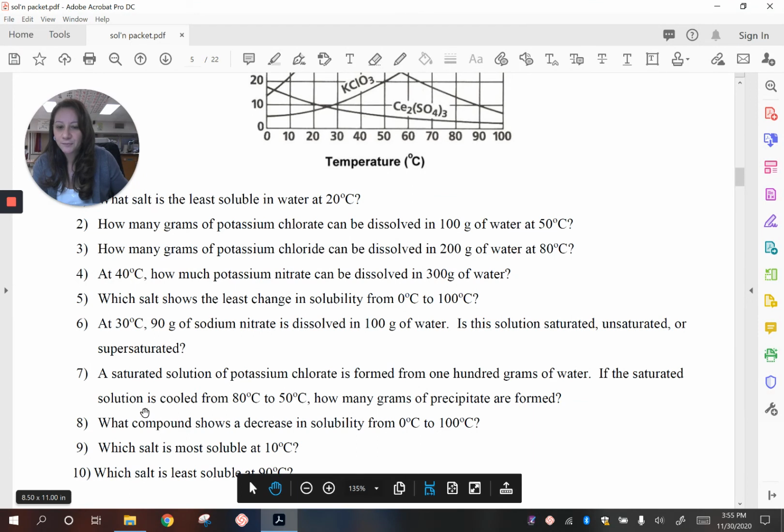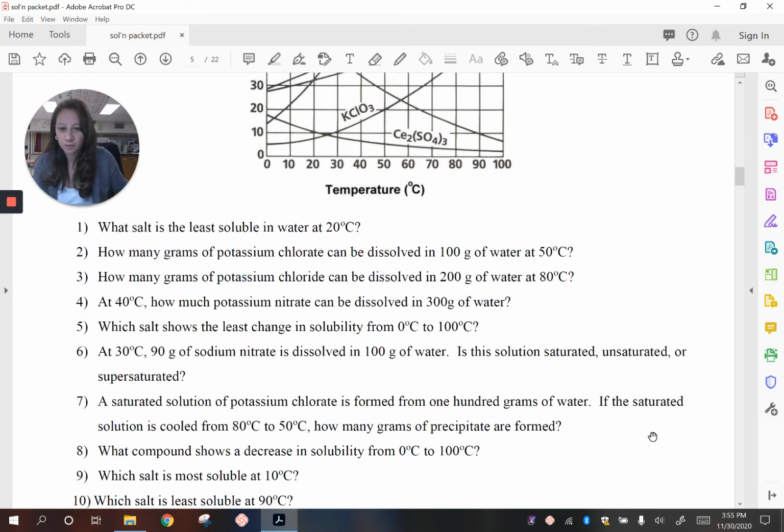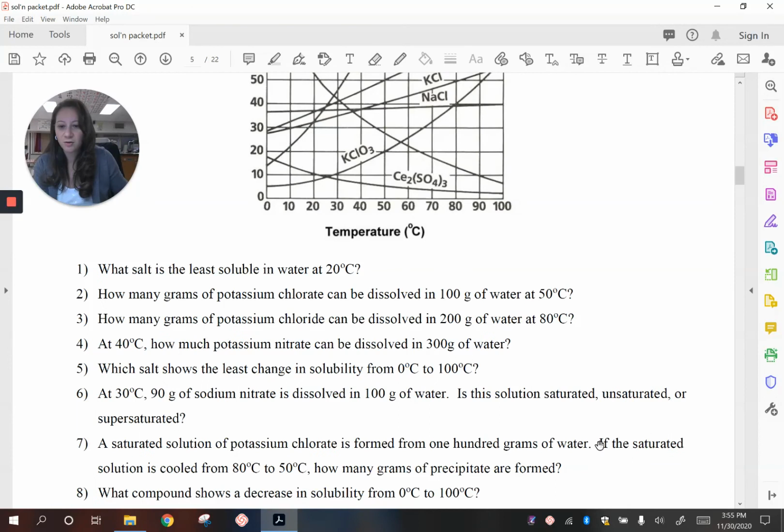Next question. A saturated solution of potassium chlorate is formed from 100 grams of water. If the saturated solution is cooled from 80 Celsius to 50 Celsius, how many grams of precipitate are formed? This one's a little bit more challenging. So they're telling us that we have a solution at 80 Celsius that is saturated. So we're going to go to 80 Celsius, to potassium chlorate.